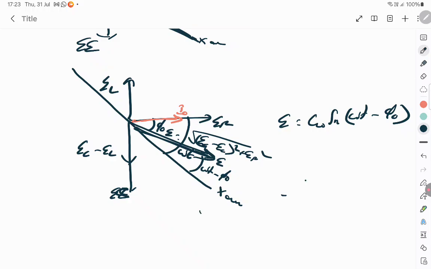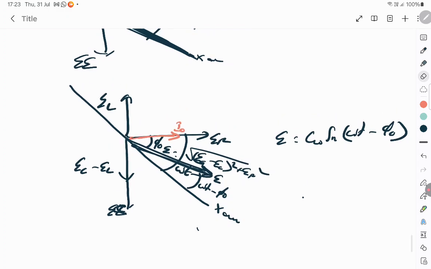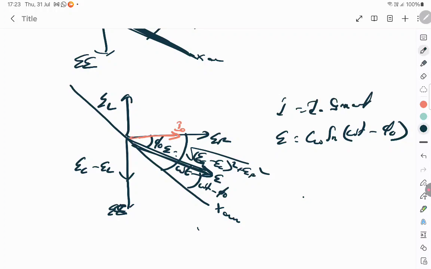Normally this x-axis has to be drawn like this, but you can also do it like this. There is no harm in doing it, that's just a question of drawing. So you get the phasor diagram, and you know I has to be I naught sin omega t. So by using the phasor diagram, how do you justify it for omega lesser than 1 by root of LC and omega greater than 1 by root of LC?